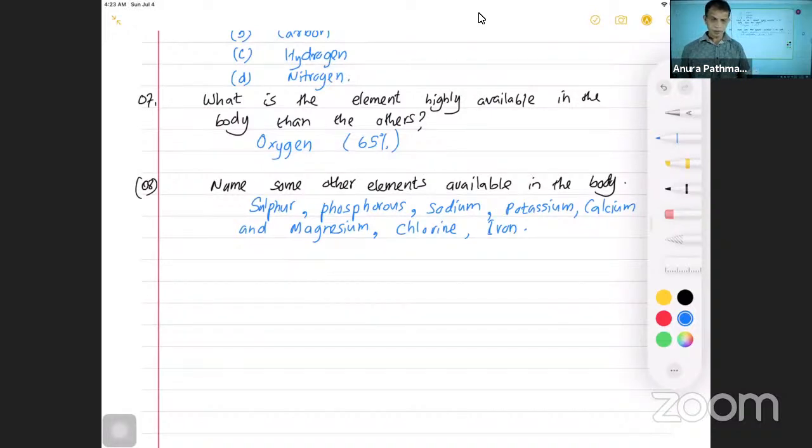The next thing is to talk about the compounds. The contributing elements are not just occurring as atoms in our body; they will be available as compounds.